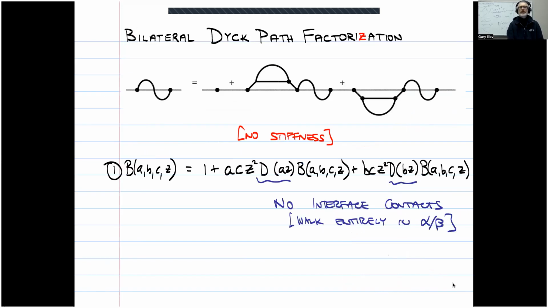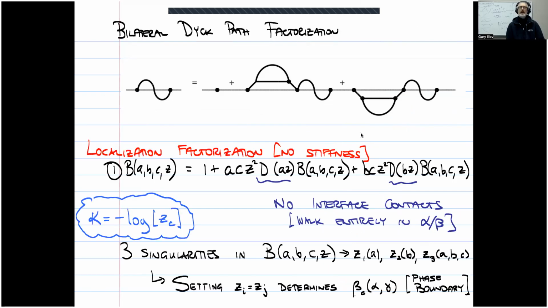And what ends up happening is, so here's my generating function b of a, b, c, z. Now my factorization has to include both sides of the surface. So there are walks which go up and then come back down, but also walks which go down and then come back up. And so what do I really want you to know about this?